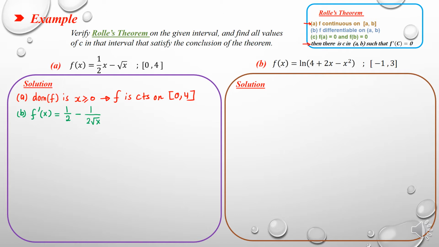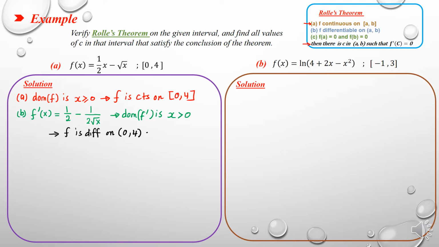The domain is x greater than 0, because of the square root in the denominator. So the domain of f' is x greater than 0, which means that f is differentiable on the open interval (0, 4). So the second condition is satisfied.